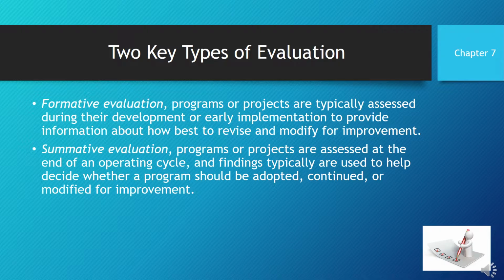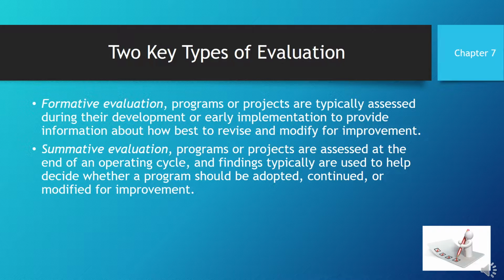In formative evaluation, programs or projects are typically assessed during their development or early implementation stage to provide information about how best to revise, modify, help shape, and or refine the program for improvement.